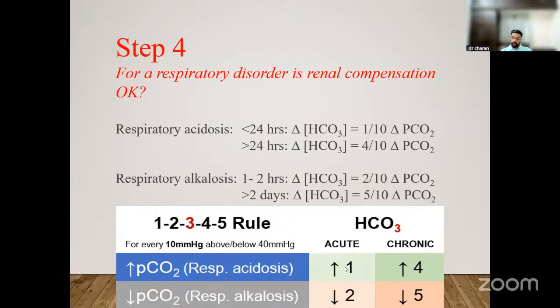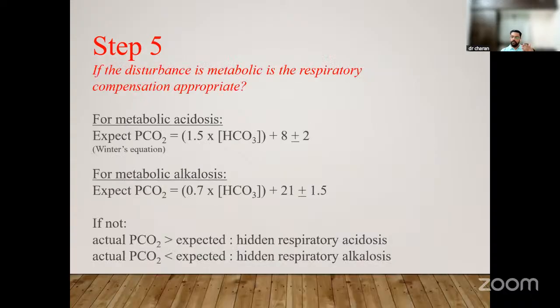If these compensations happen, the kidney compensation is adequate. If they don't happen, it means the kidney is not able to compensate for the respiratory problem. There is some issue with the kidney as well, so you need to give bicarb from outside or do a dialysis to manage it.